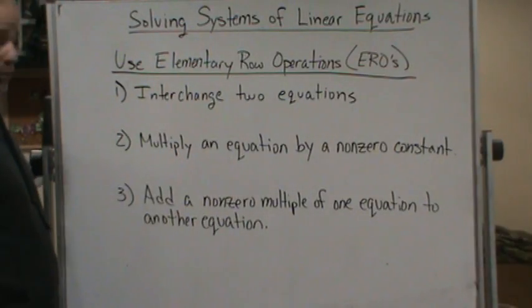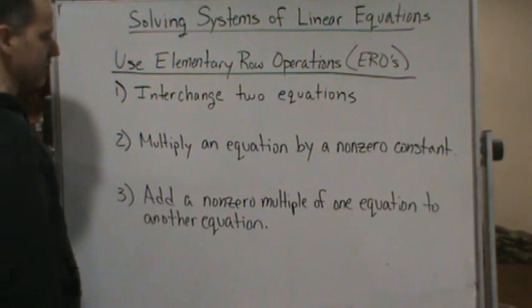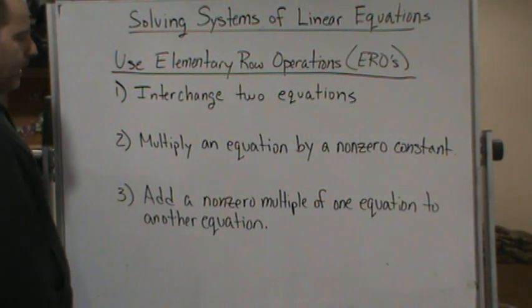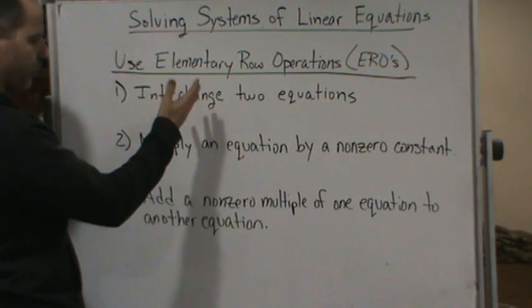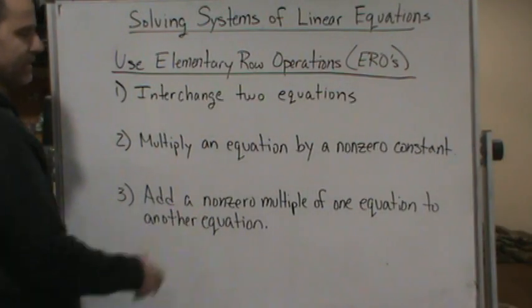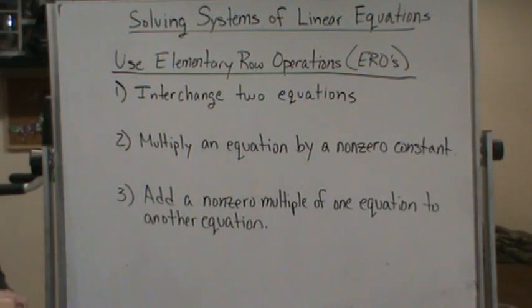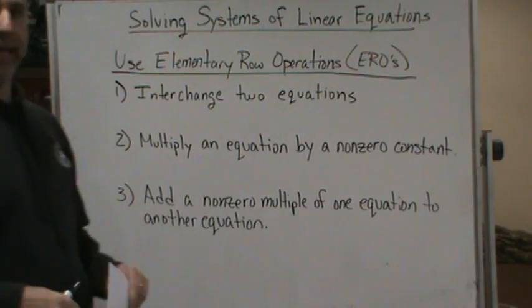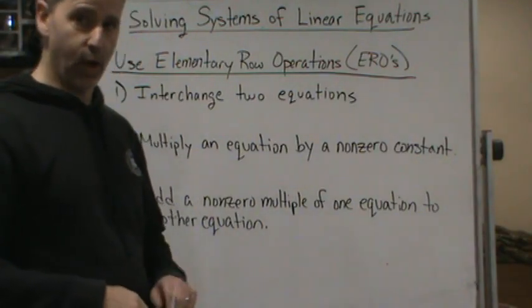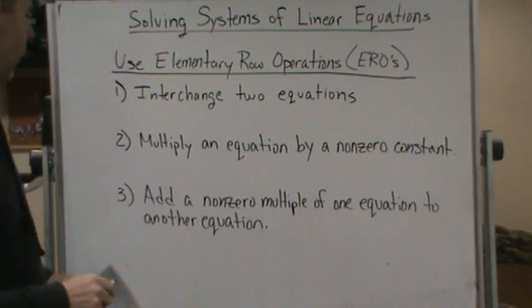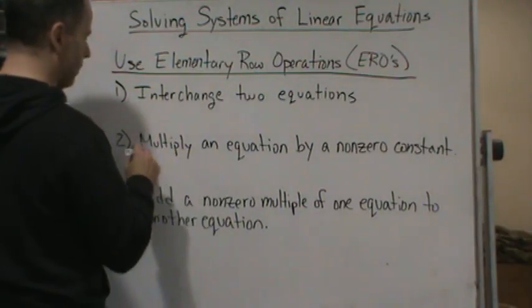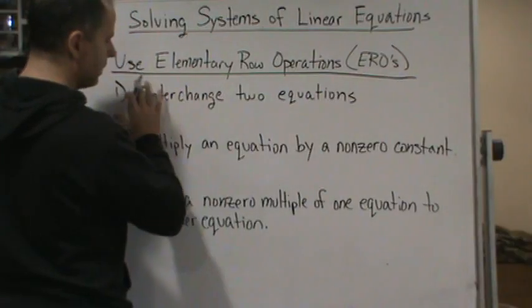So these are what we call transformations of a system of equations. This also translates into our elementary row operations when we're looking at the matrices, the augmented matrix. So what are the elementary row operations?